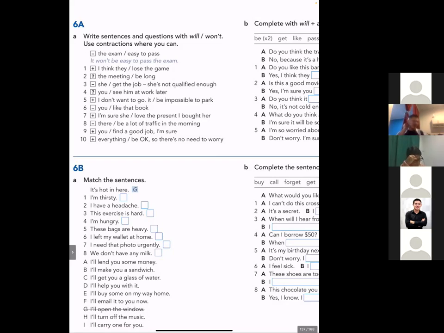No, I think that one wouldn't make much sense. You can say, I think they'll, with the contraction, they'll lose the game. But they'll go to lose the game? No, I mean, you can say it, but it would be very strange. It would be more common to say they'll lose the game.